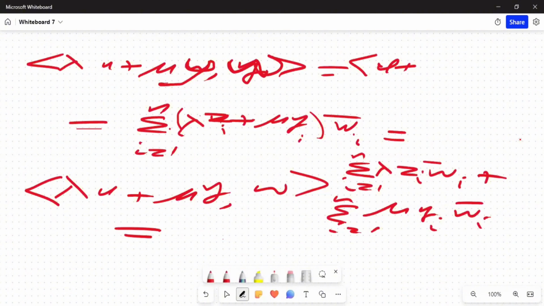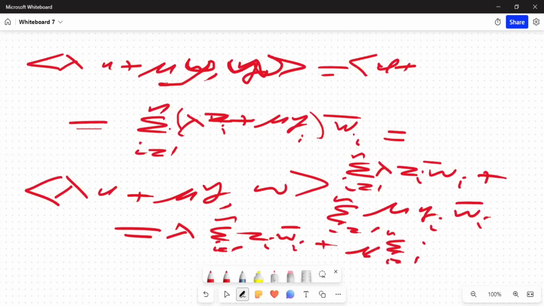Is it not? This lambda is independent of i. This is a constant, not affected by the counting i, so I can factor it out. This is lambda summation i running from 1 to n of zi wi conjugate plus mu, which is also not affected by i, it's a scalar, so I can factor it out: mu summation i running from 1 to n of yi wi conjugate, right?